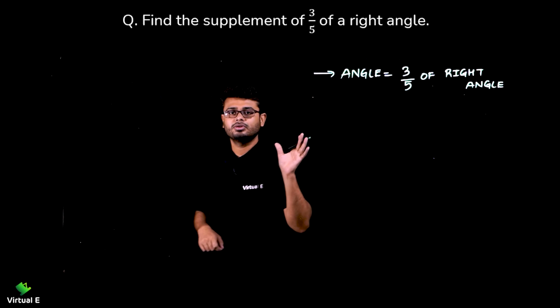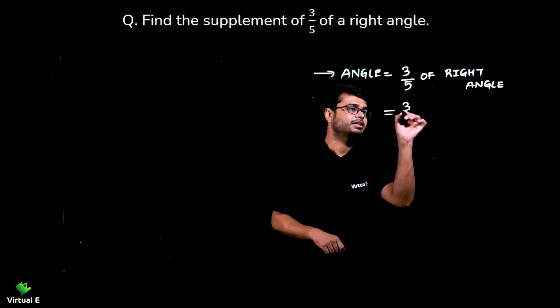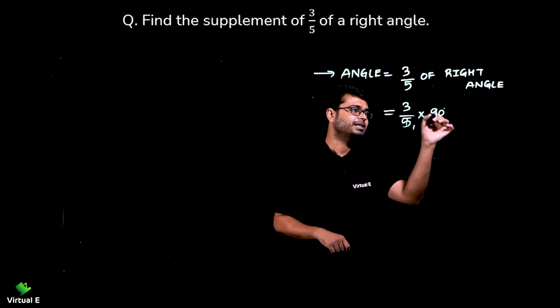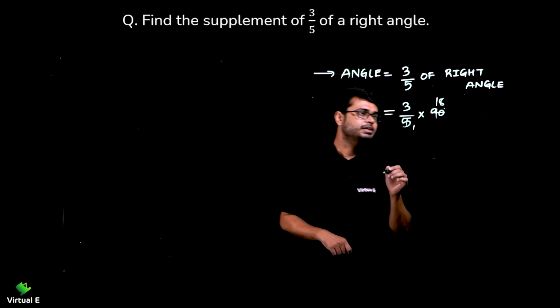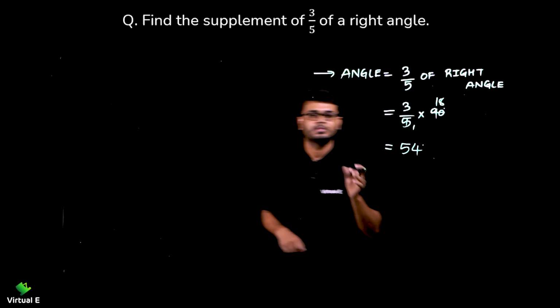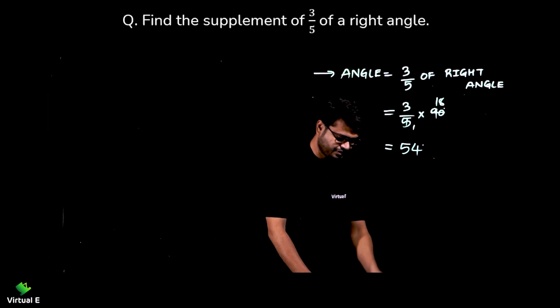Now, we know the value of right angle, right? That's simple. It's 90 degree. So 90 degree here, if we do cancellation, we get 18, and 18 threes is 54. So we have the angle. Now we need to find the supplement of it.